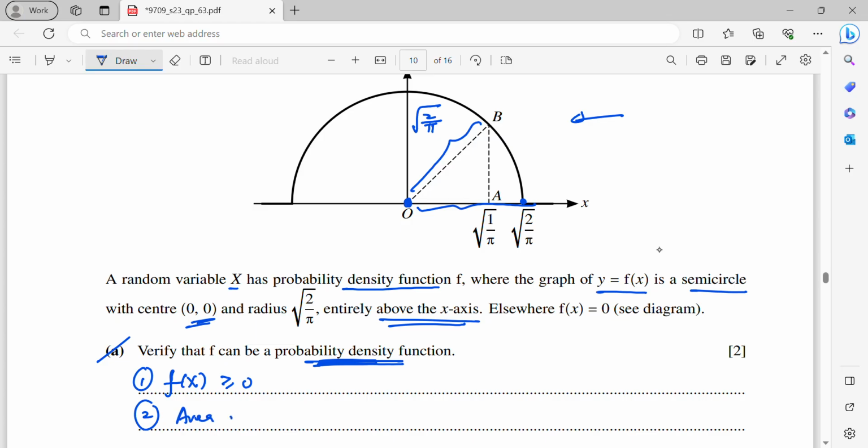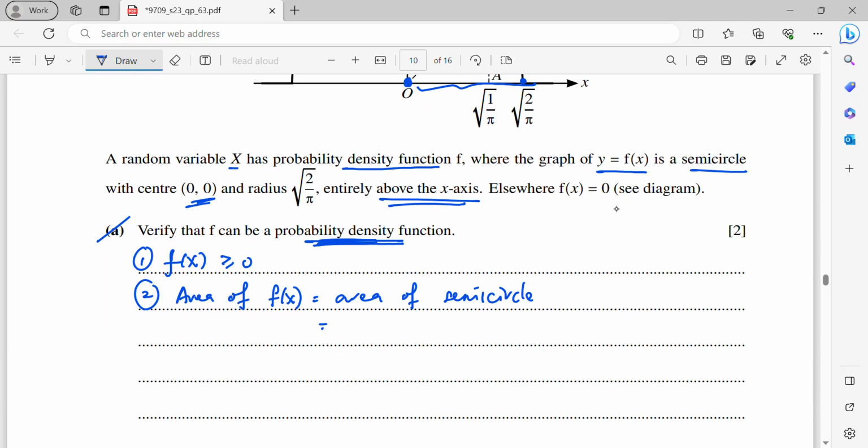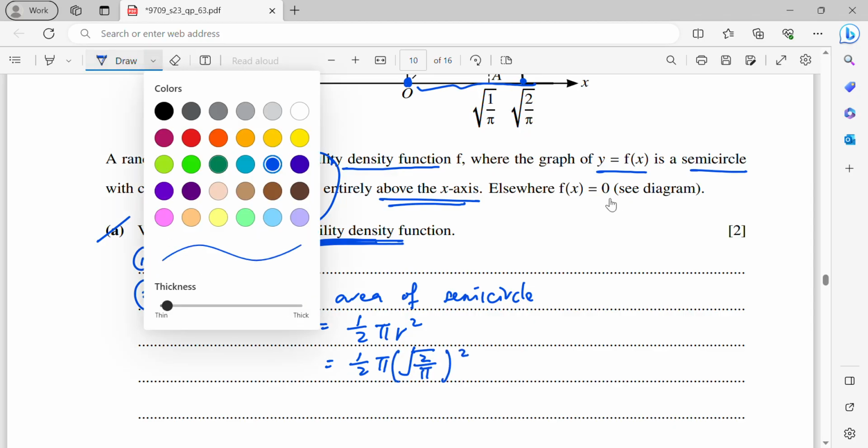So the area of f equals the area of the semicircle, which is half pi r squared. The radius is given as square root of 2 over pi. When I square it, the square and square root cancel off.